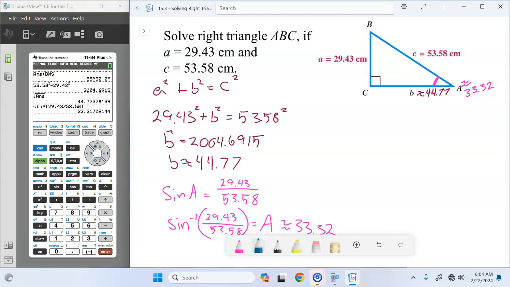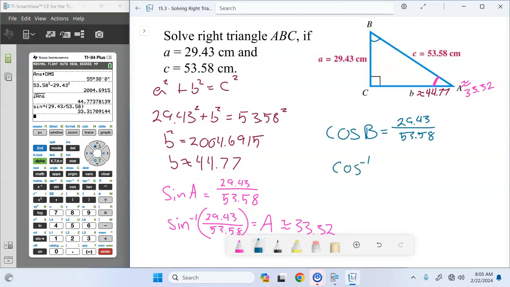So let's look at angle B. Okay, given that I have to use side A and side C, what ratio can I use to find angle B? Cosine, because we have to use our adjacent and our hypotenuse. So cosine of B will equal the adjacent side divided by our hypotenuse side. And then again, we'll do the same thing with our inverse trig functions.